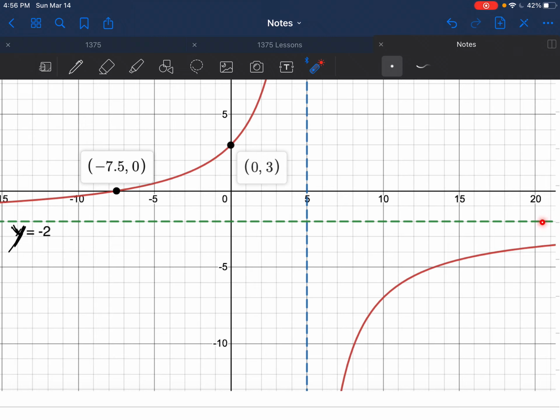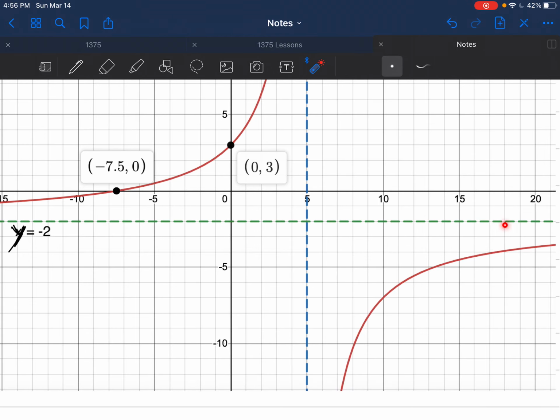And the same thing over here, because as x goes to infinity, or x goes to negative infinity, following this cursor, you're going to see this red curve is the representation of this graph.